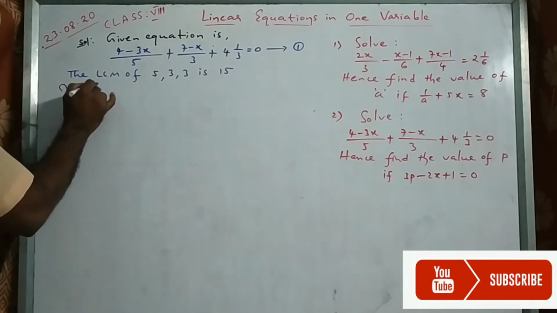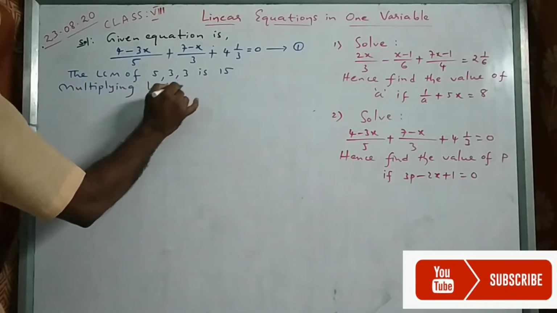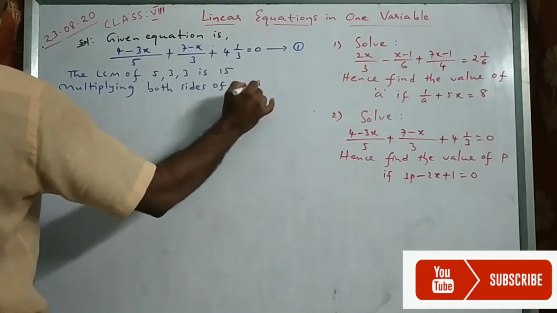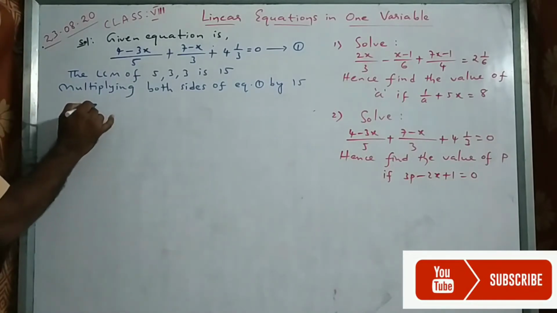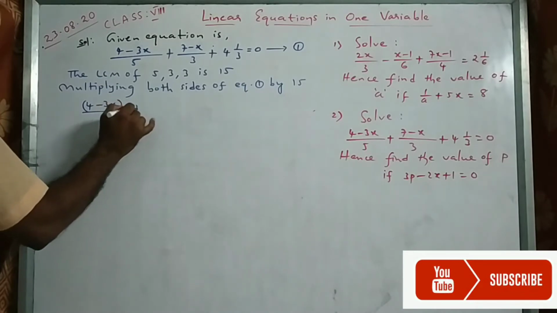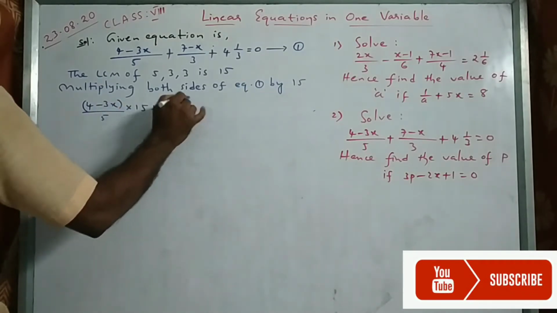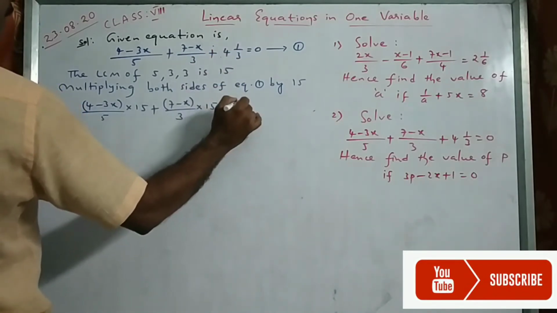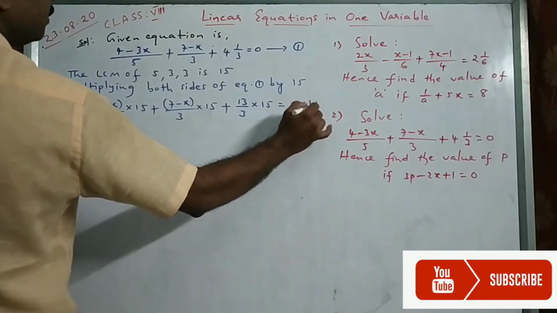Multiplying both sides of equation 1 by 15, we get (4 minus 3x) by 5 into 15 plus (7 minus x) by 3 into 15 plus 13 upon 3 into 15 equal to 0 into 15.